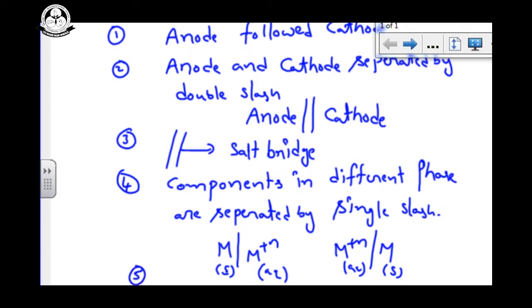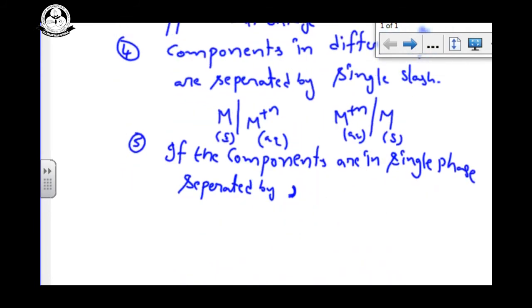Rule 5. If the components are in the same phase, they are separated by a comma.